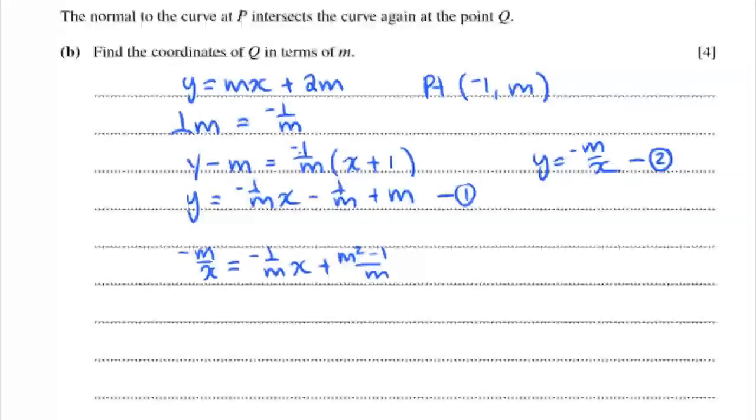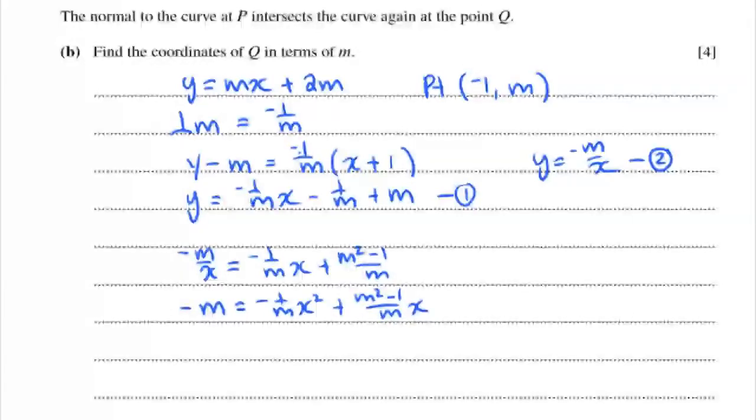Okay, that's handy. So we want to get rid of the x on the denominator. Let's multiply everything by x. Multiply both sides by x, which means we multiply every term by x. We get -1 on mx squared plus m squared minus 1 on mx. We rearrange.